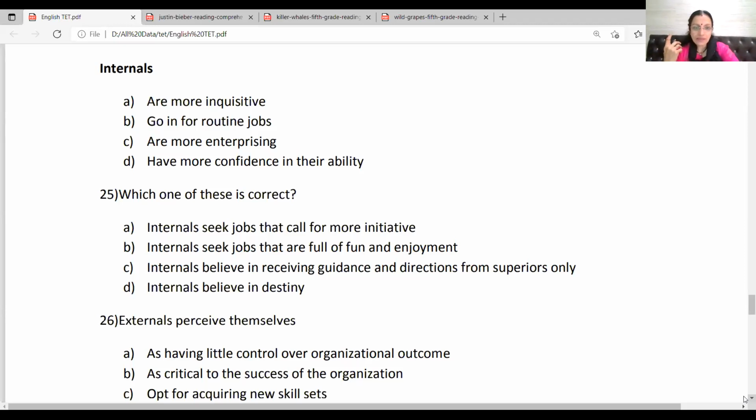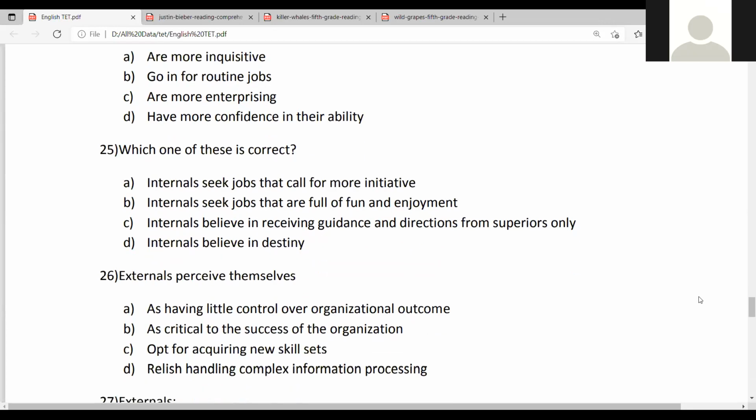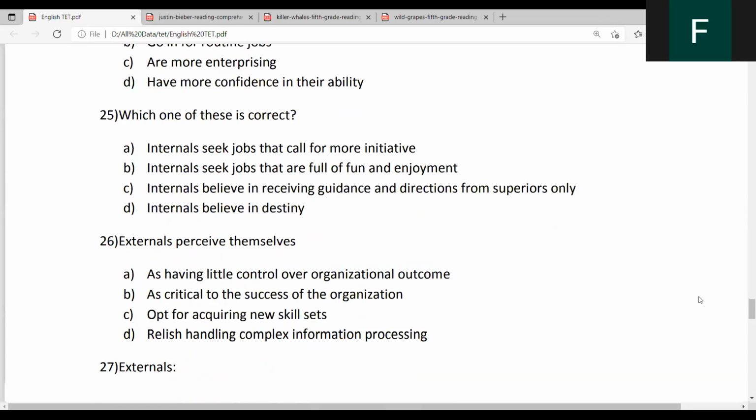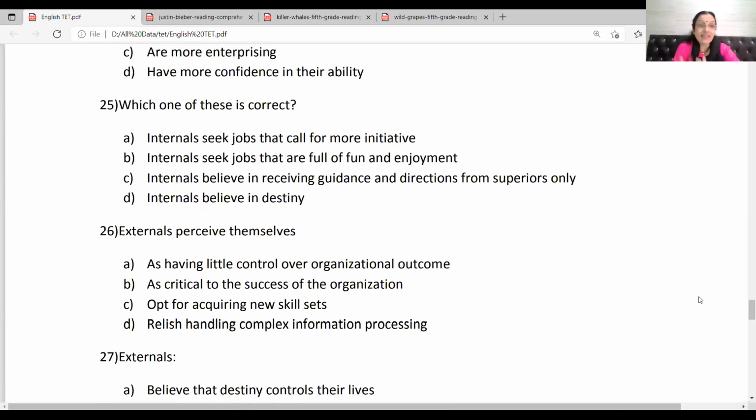Okay, so let's proceed. Is this clear, friends? Yes, ma'am. Now we're coming to externals. Externals perceive themselves, choose the right one, as having little control.